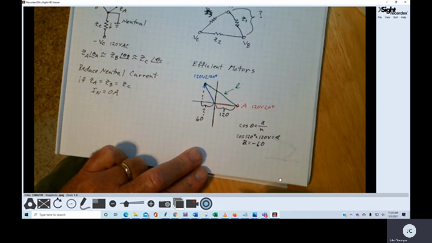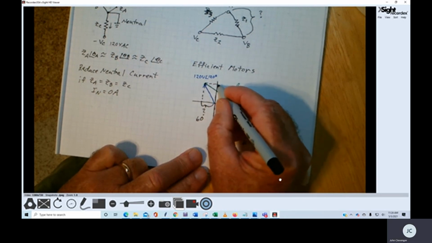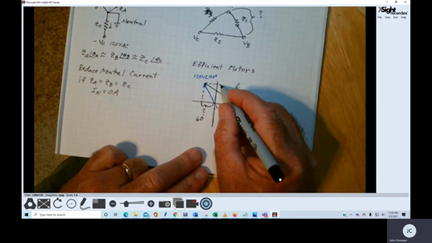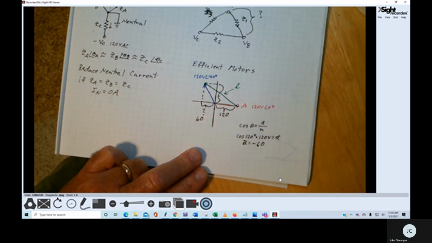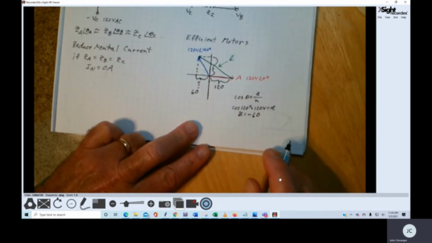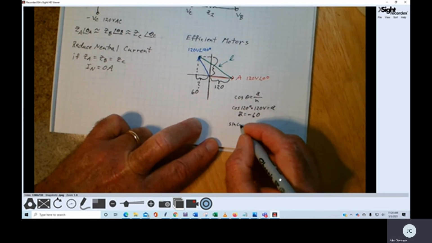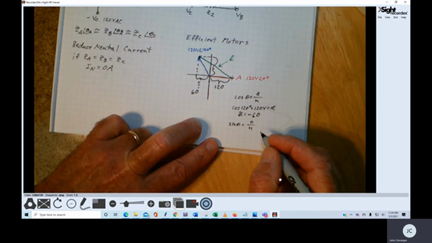Now I've also got to find out where this intersects up here on the y-axis. What is this length right there? Again, we know that sine of theta equals the opposite over the hypotenuse.